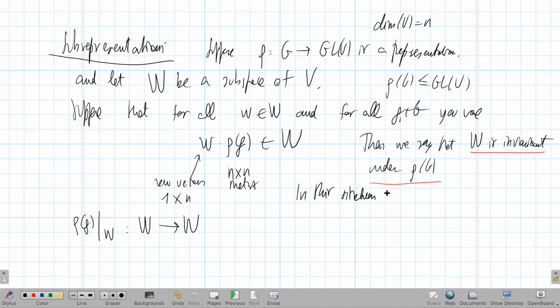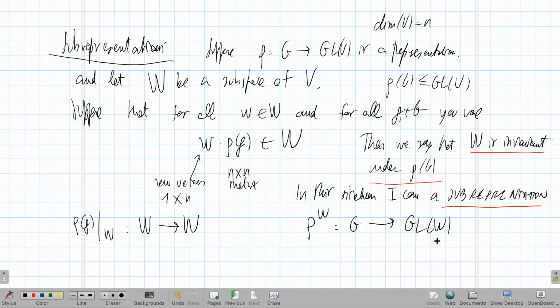And then in this situation, I get what I call a sub-representation rho W from G to GLW. Okay, so I get a representation with values not in GLV anymore, but in GLW for W a subspace, which could be smaller.